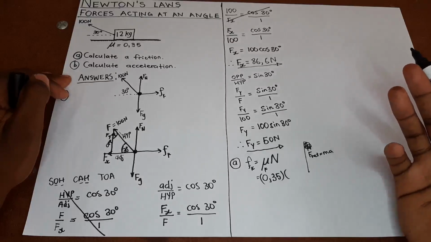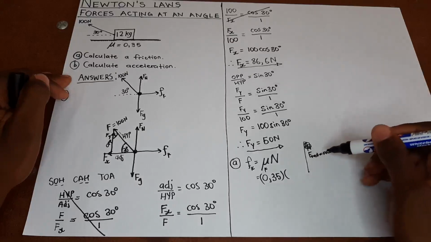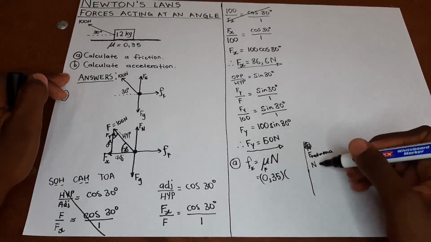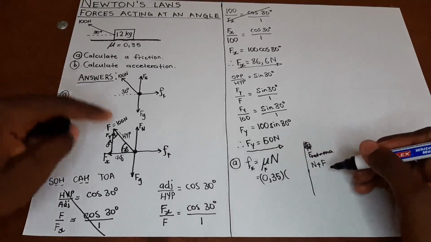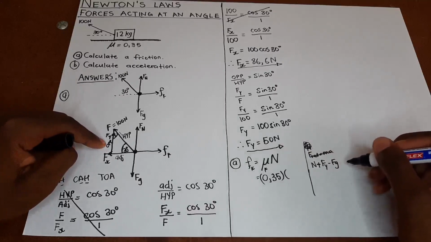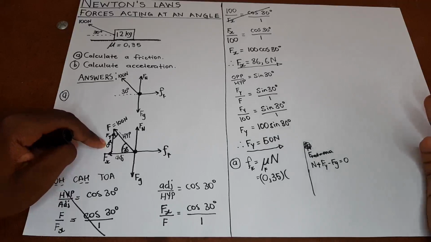I think it's easy like that, so let me put it very simple. N plus Fy minus the gravitational force is equal to 0. That's how it goes.